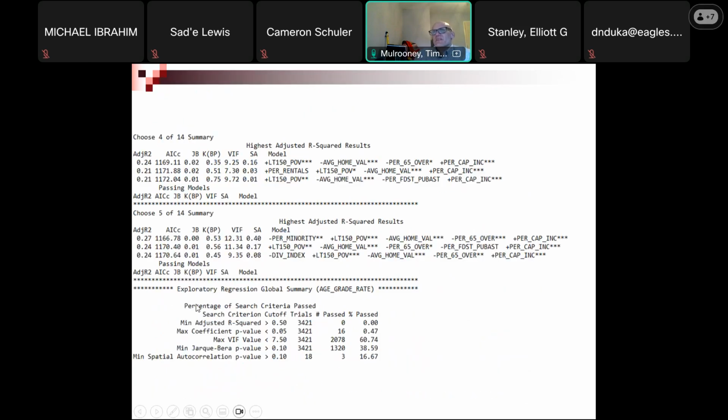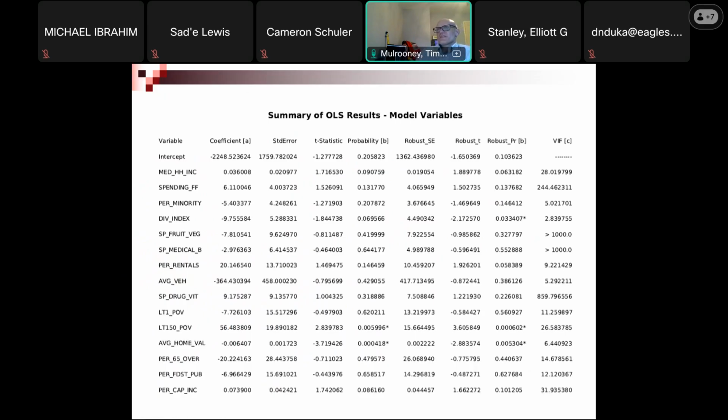I think I ran this last one here, 0.27, where it's negative percent minorities, poverty, average home value. We've got to figure out how to interpret these, and we're going to run these ourselves later, because we get tables that look something like this.